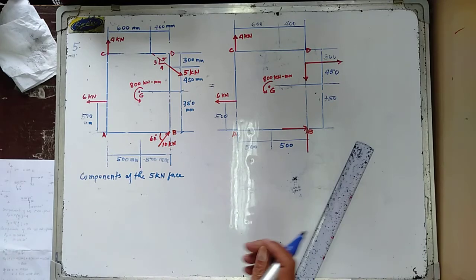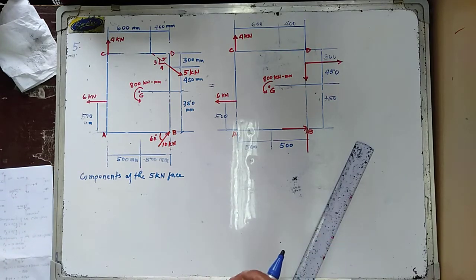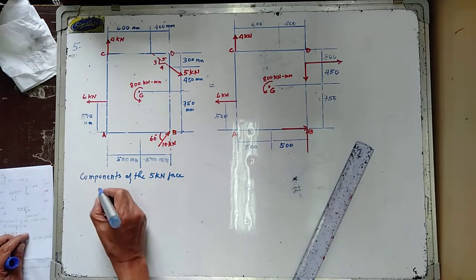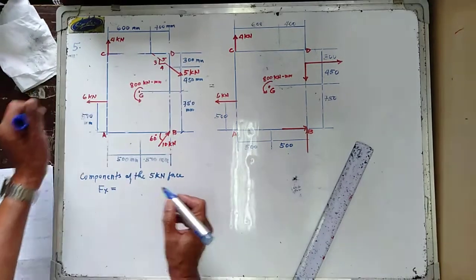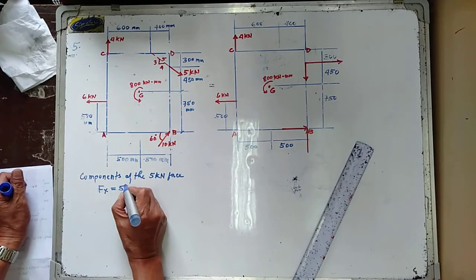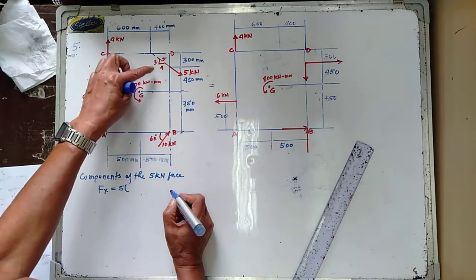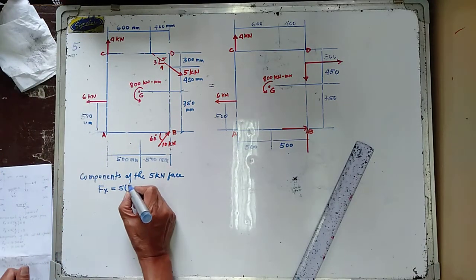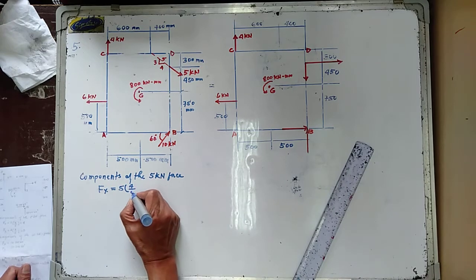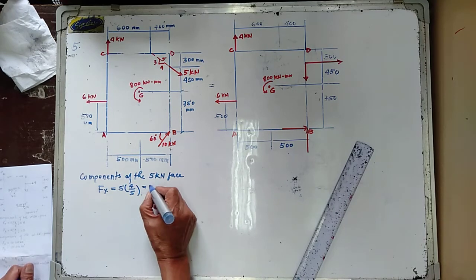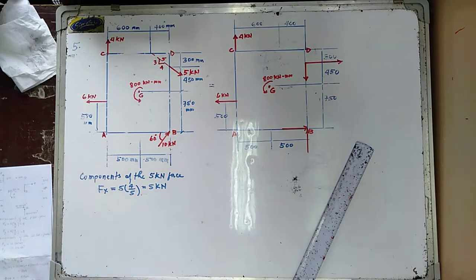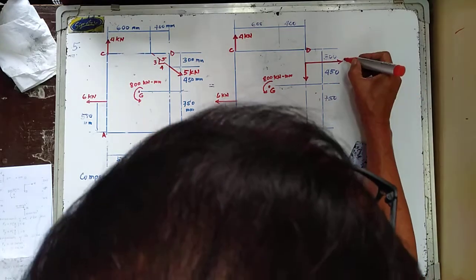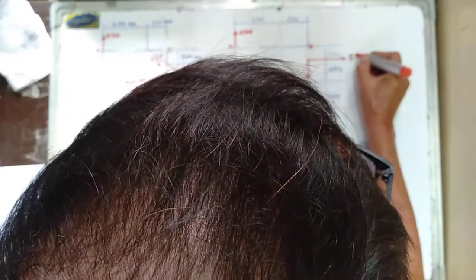So the components of the 5 kilonewton force, so we have your Fx. The x component is equal to 5 multiplied by 4 over 5, which is equal to 4 kilonewtons.